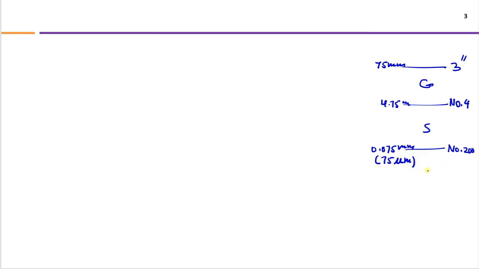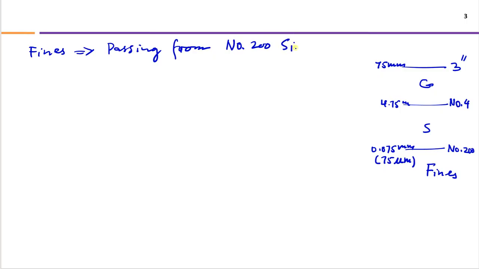Anything which is going to pass through this number 200 sieve is called fines. Everything that passes through the number 200 sieve means the material whose size is smaller than this sieve opening.